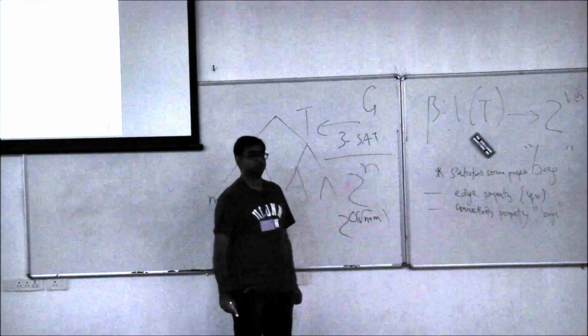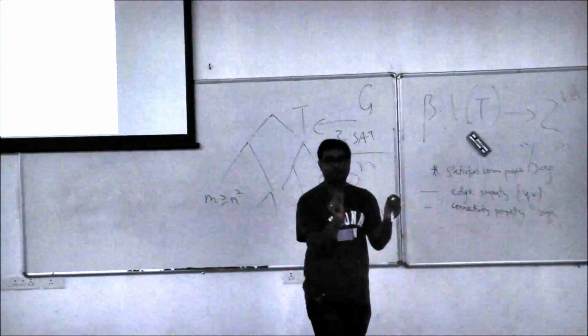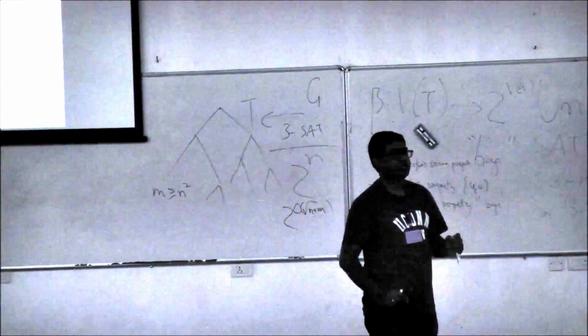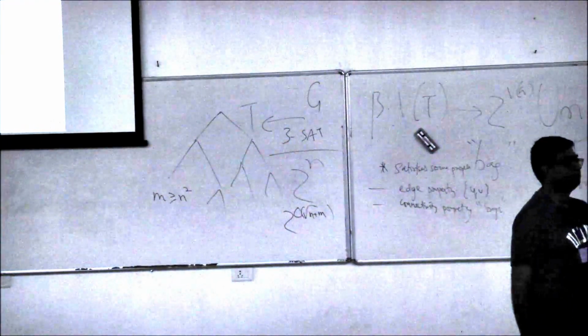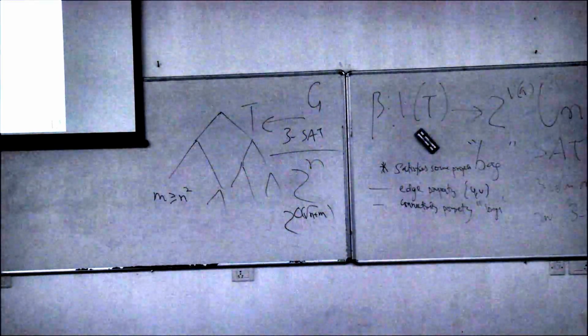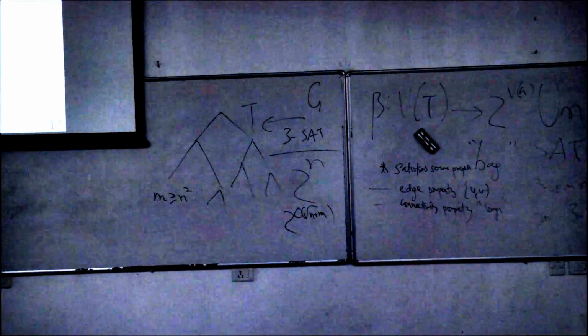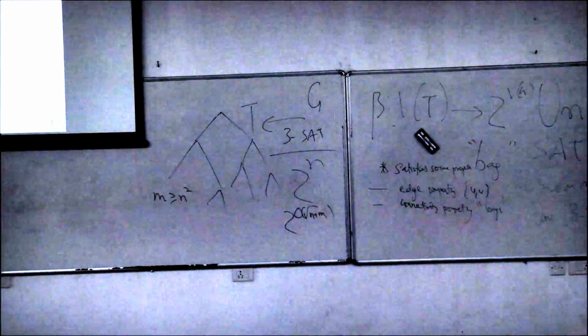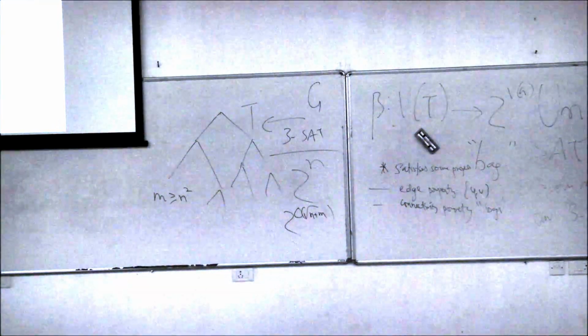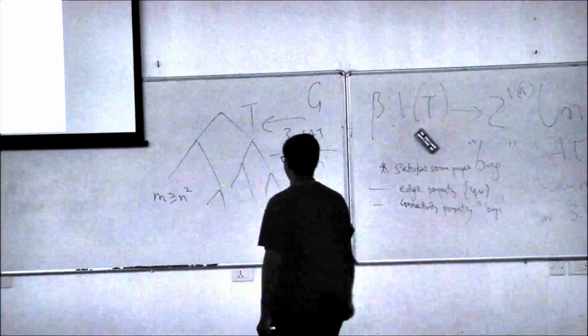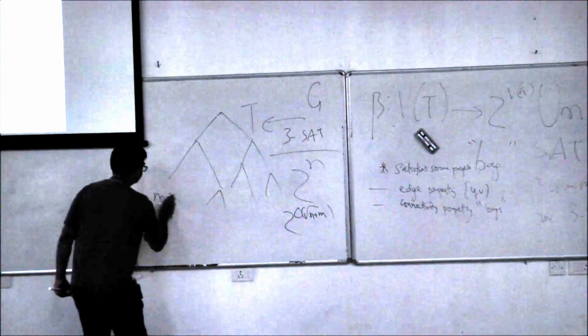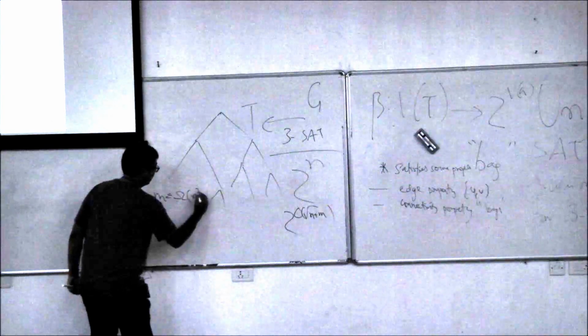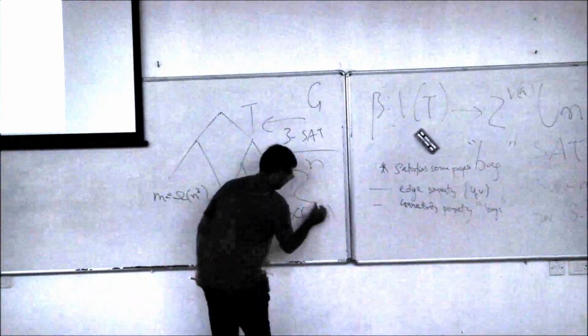Am I right? So if I take n plus m as my measure of running time, then 2 to the power m is 2 to the power big O of square root of n plus m if my m is n square. And if I assume that m is like omega of n cubed, I get even better.